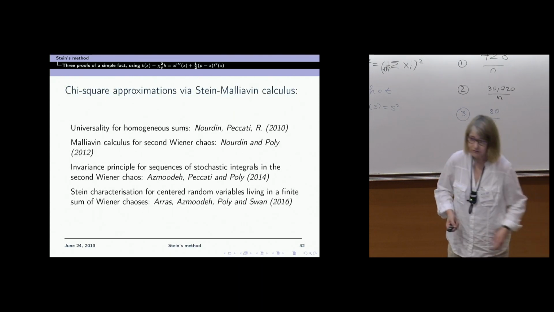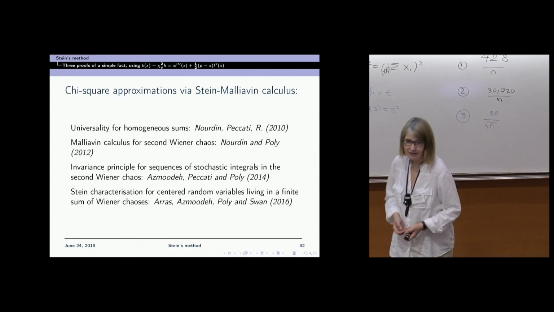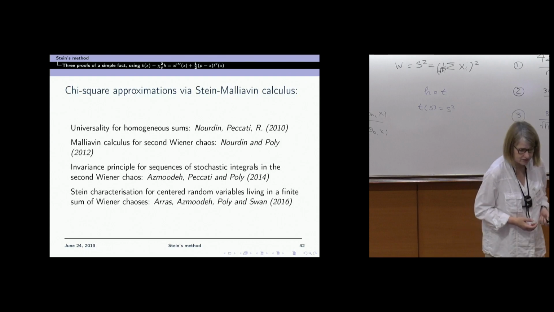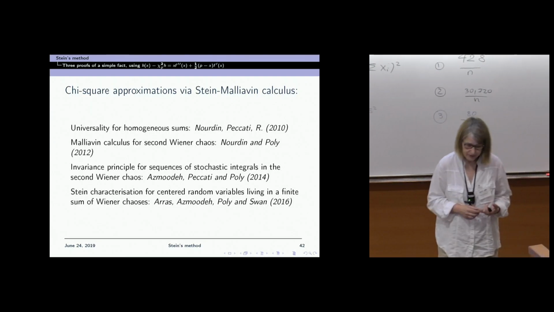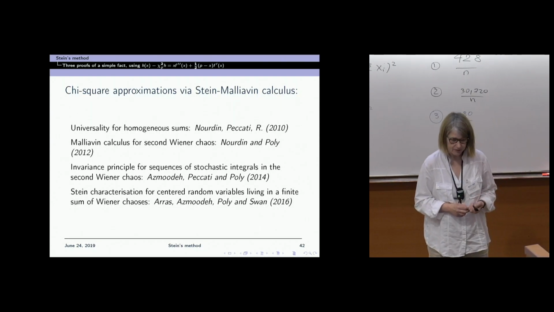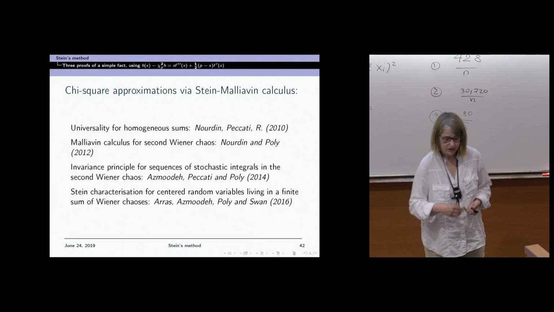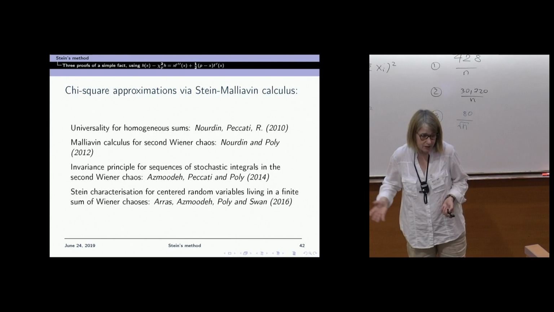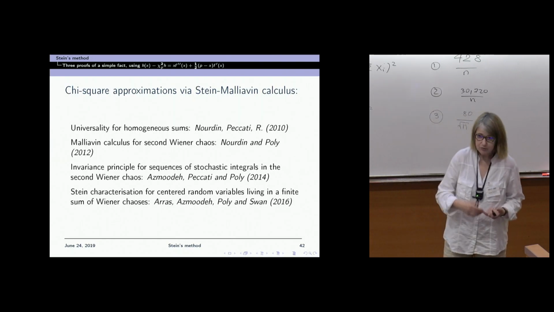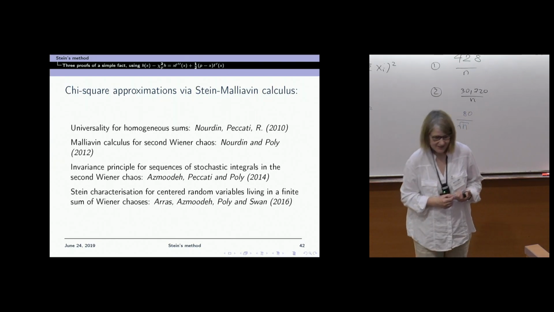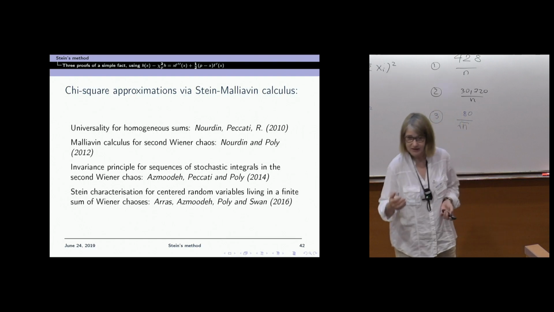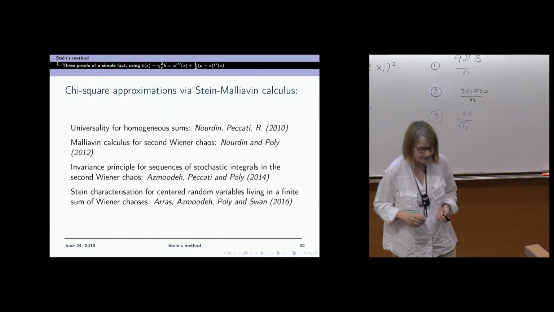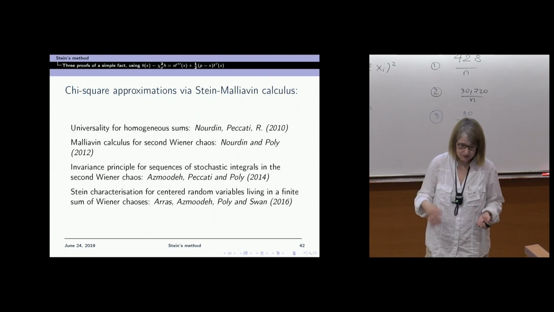And then there's, of course, related Stein-Malliavin calculus. So you can also give chi-square approximations. Actually, with Ivan and Giovanni, I wrote a paper about 10 years ago about universality for homogeneous sums, where we have a chi-square approximation for homogeneous sums. Nourdin and Peccati have Malliavin calculus for the second Wiener chaos, which is related, so it's chi-squared minus 1. Invariance principles also.